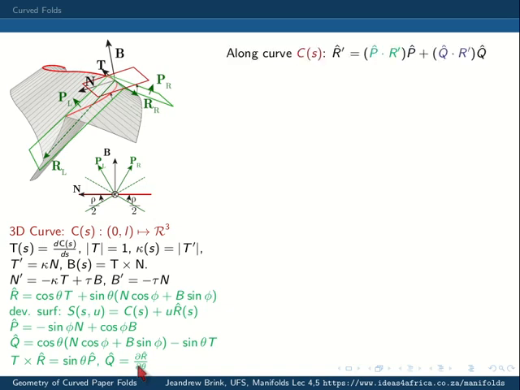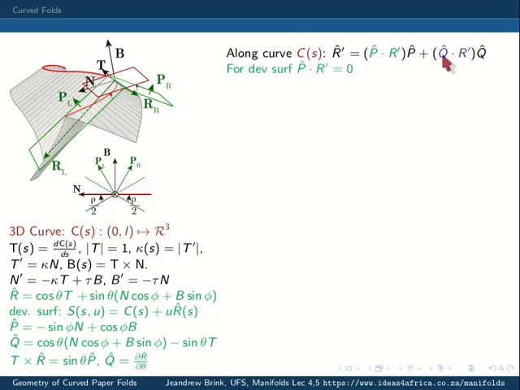Okay, and then what we also showed, I think two lectures back, is that r prime you can write as, because it's a unit vector, it won't have a component in the r direction, but it will have a component in the other two orthogonal to r. So r prime is p hat dot r prime times p hat plus q hat dot r prime times q hat.